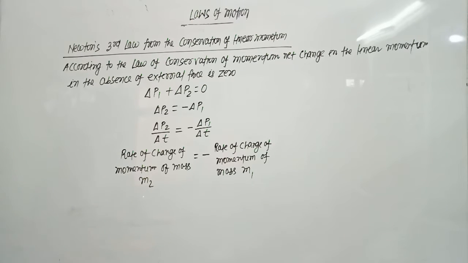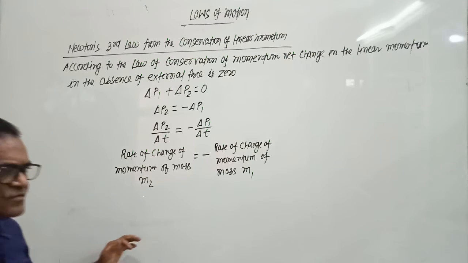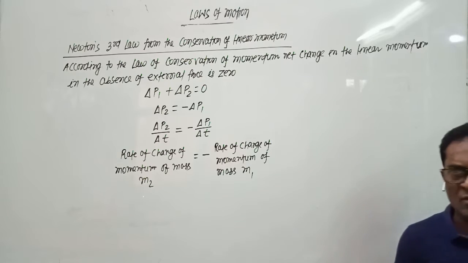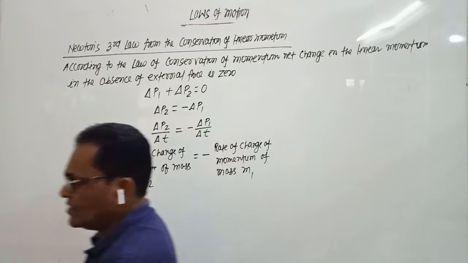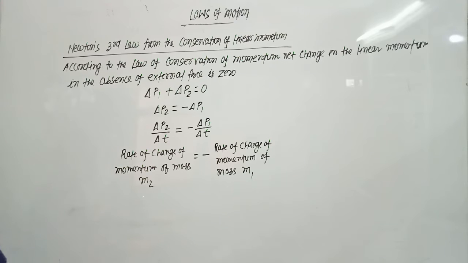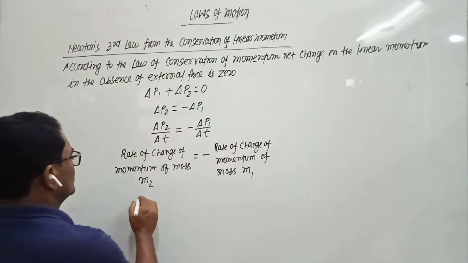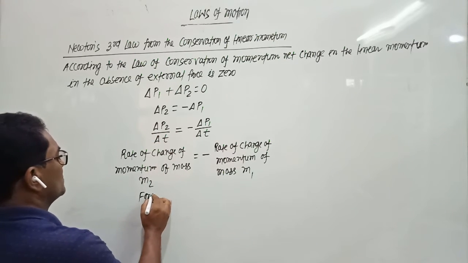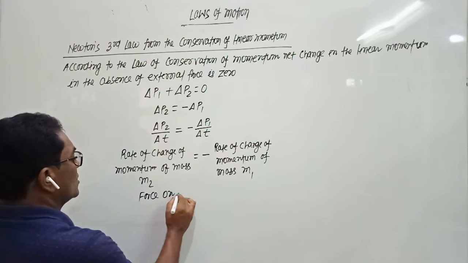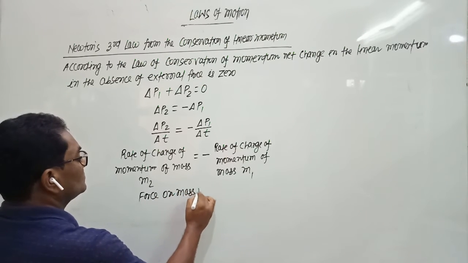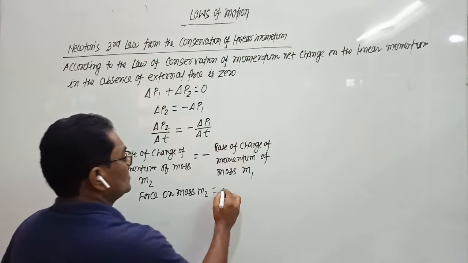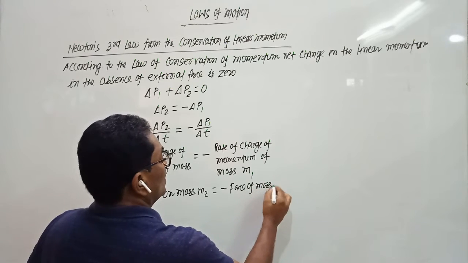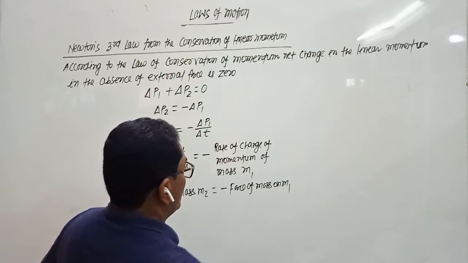We know that the rate of change of linear momentum of a body is equal to the applied external force. So the rate of change of momentum of mass m2 means the force on mass m2, and it equals minus the force on mass m1.